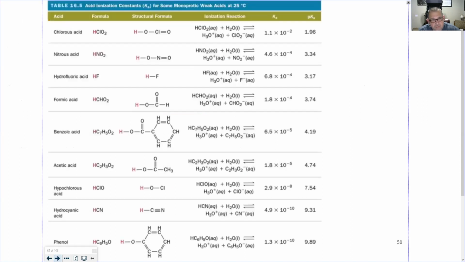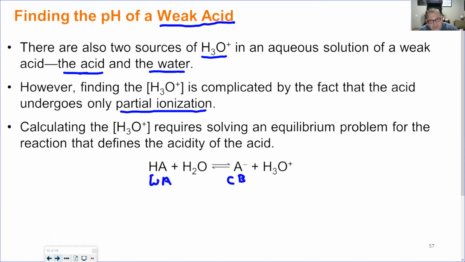So the approach that we have to use depends on what this Ka value is for these weak acids, because the larger the value for the Ka, the more this equilibrium is going to lie in the forward direction. So that means that the equilibrium is going to lie further to the right in favor of the products. And it would produce more of the hydronium ion and would therefore have a lower pH in the system.